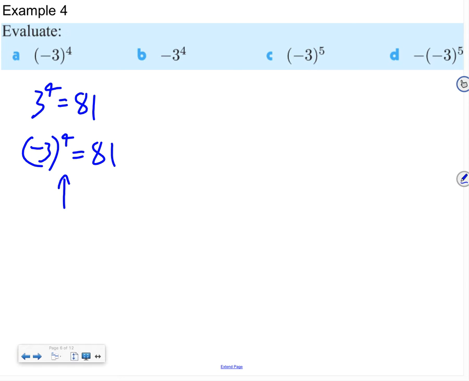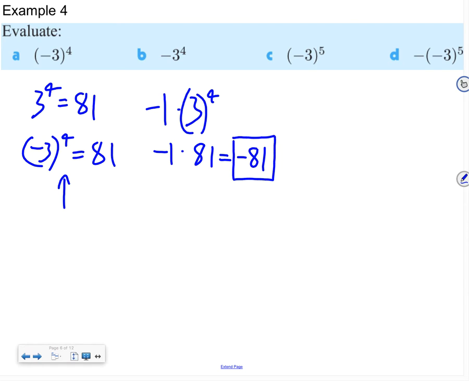Now on B, because our negative 3 is not in parentheses, we can interpret this as negative 1 times 3 to the fourth. So we must do our exponents first. 3 to the fourth is 81, but that's times negative 1, so our answer here is negative 81. Notice in B we have a negative outcome, and in A we have a positive. So the presence of those parentheses will make a difference.